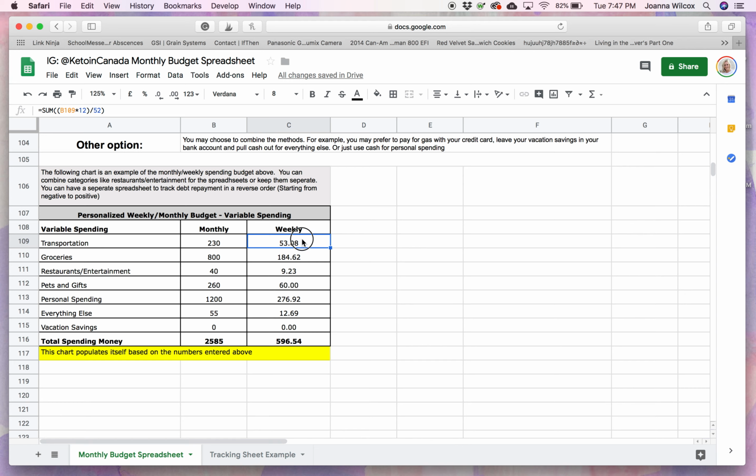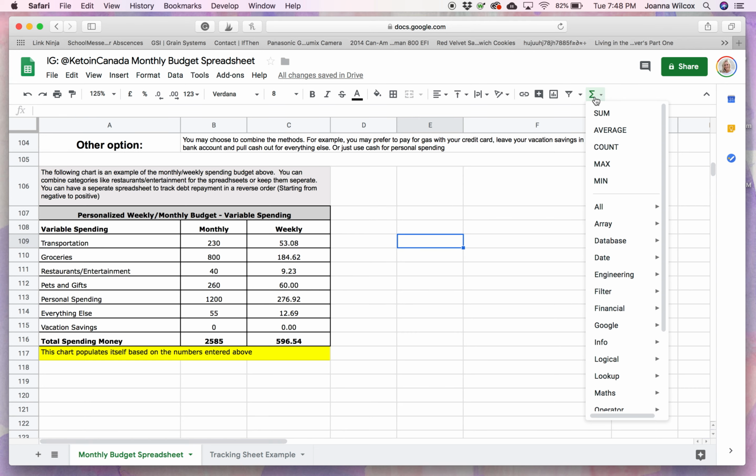Now, I like to see an even number here because if you're taking out cash, that's when you want to see the even number. So the way that you do that is you decide how much you want it to be. Let's say it's just $50 a week, and then you would multiply it by 52 and divide it by 12. So I'll just do it over here.